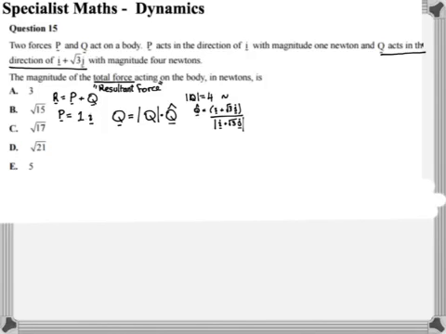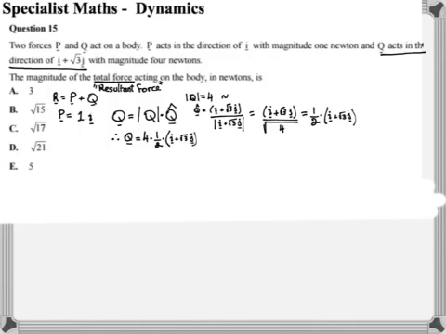If we find this unit vector, it will be the same as the unit vector for Q. So we take the vector, divide by its modulus, and we get a half times i plus root 3j. Now therefore we can write what Q is. Q is its size multiplied by its unit vector, so we take 4 multiplied by a half times i plus root 3j. Okay, so we've got what P is, we've got what Q is.